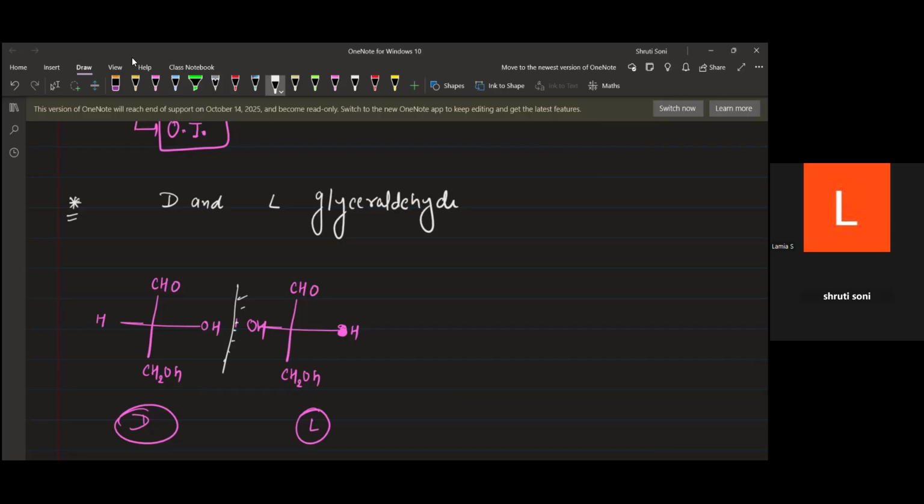Do you remember that when all configurations in a given compound change, then the organic compound is an enantiomer? If one or two change, then it will be a diastereomer.